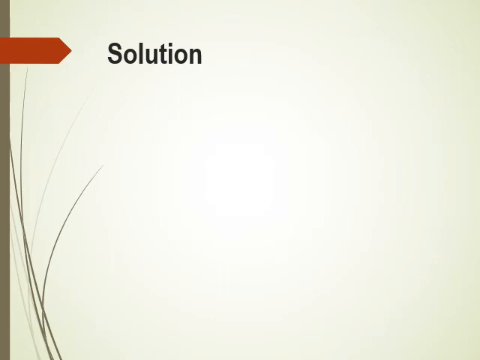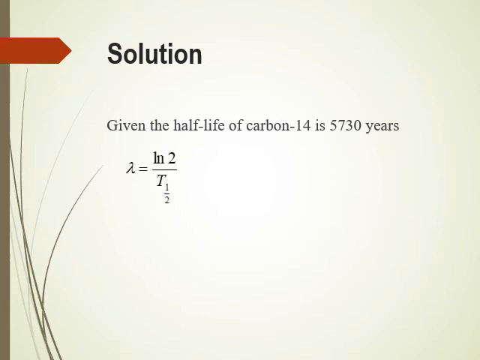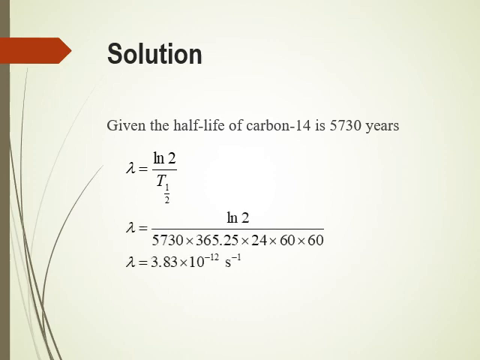Next statement gives us the information about half-life, where the half-life of carbon-14 is 5,730 years. Now we're going to use it to calculate the decay constant. Remember, whenever you are given half-life, the question always wants you to calculate the decay constant. So lambda equals ln 2 over T half. And half-life, you need to change into SI units.